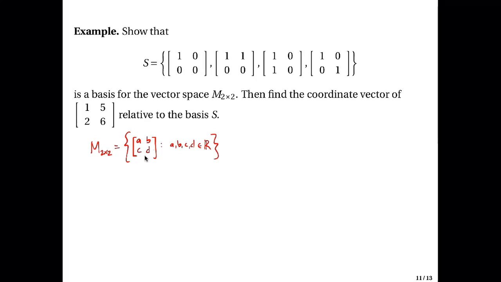So you have [1, 0; 0, 0], [0, 1; 0, 0], [0, 0; 1, 0], [0, 0; 0, 1]. So that's the standard basis for M22. Here, this is not a standard basis. But we will show that this is also a basis for this space.